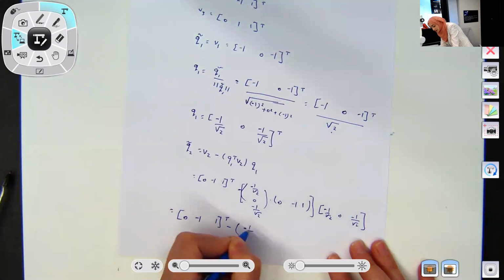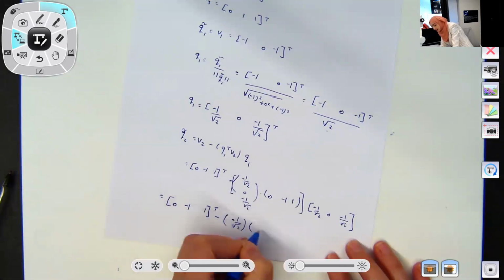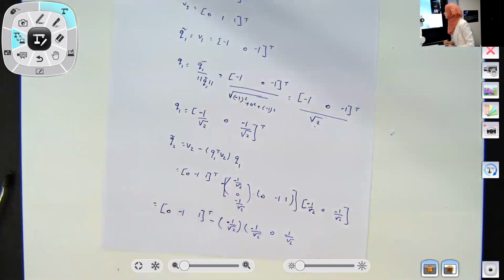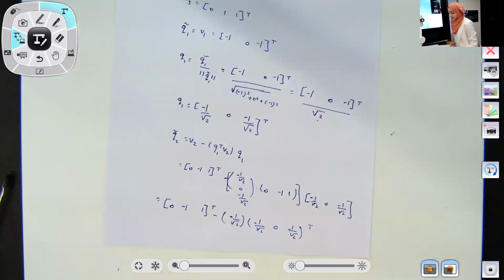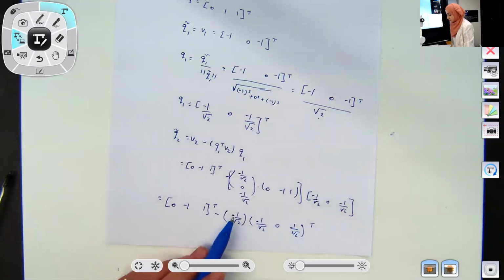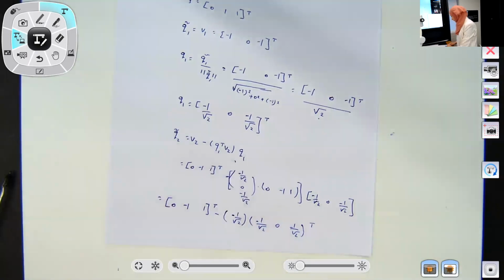Here we have minus 1 over square root of 2. This is multiplied with minus 1 over square root of 2, 0, and minus 1 over square root of 2 transpose. Now we need to simplify. We need to multiply each term from Q1 with minus 1 over square root of 2. Then we need to subtract this value from V2.